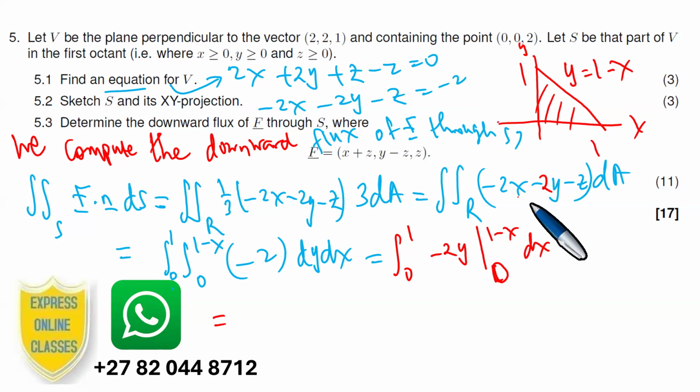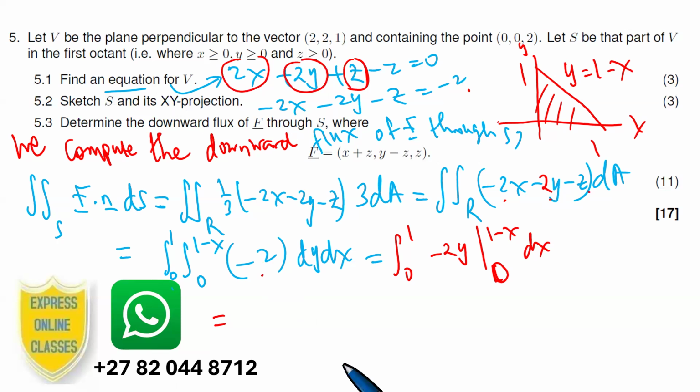Now, we want to simplify the integrand here. The 2x, the 2y, and the z, we can move them across the equal sign, so they become negative. So minus 2x minus 2y minus z is equal to negative 2, according to the equation of the plane in 5.1.